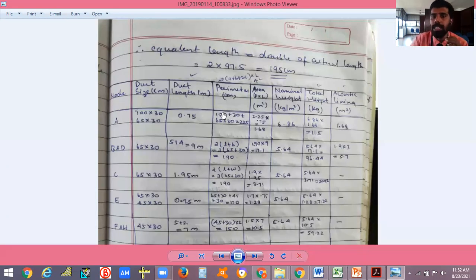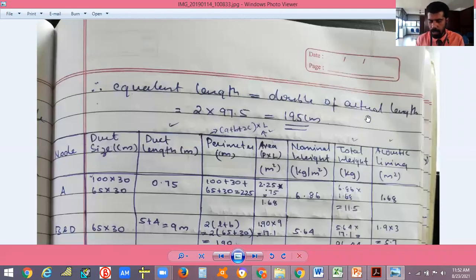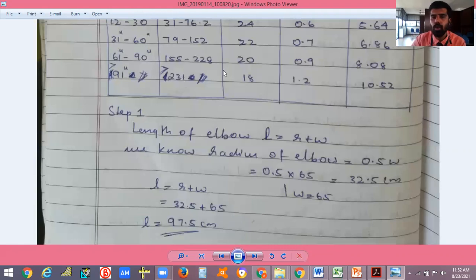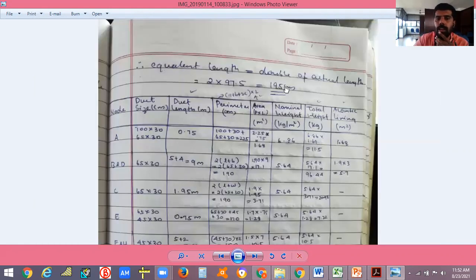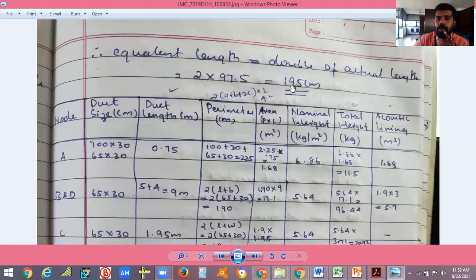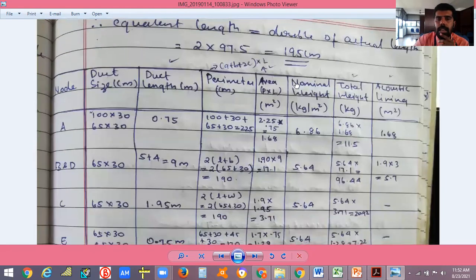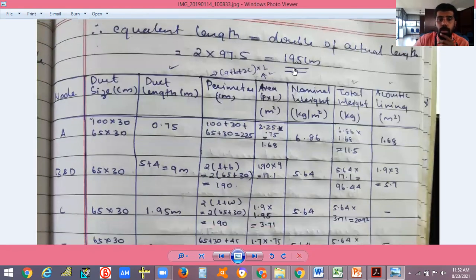Now to find the equivalent length, we already know that the equivalent length will be the double of the actual length, right? That we have seen before itself. So what you have to do? 2 times of this length will be the equivalent length. So multiply 2 with 97.5, we will be getting 195 centimeter. So 1.95 meter is the equivalent length of the elbow.